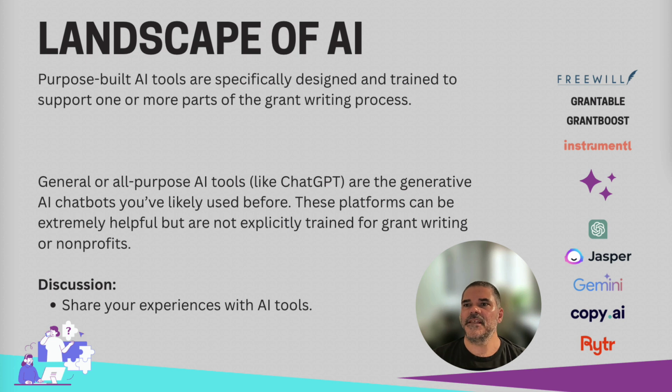And what these large language models do is they take in all of this data and they add it to their repository of words and phrases and sentences and diagrams and ideas.